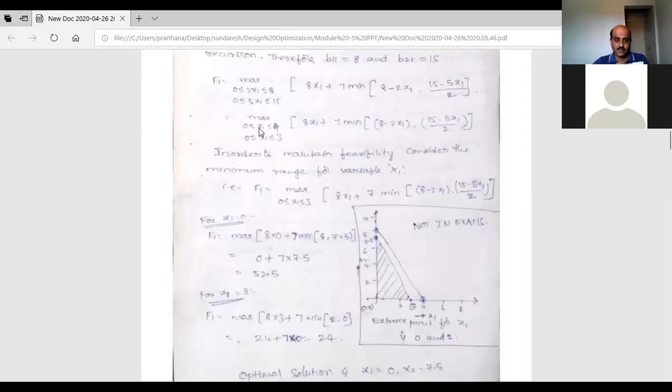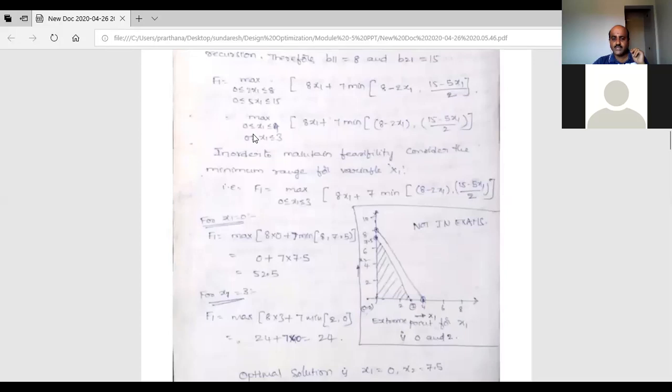See, x1 varies from 0 to 4 and x1 varies from 0 to 3. To maintain feasibility, we need to consider which has the minimum range. Of these two, the minimum range is x1 lying between 0 and 3.